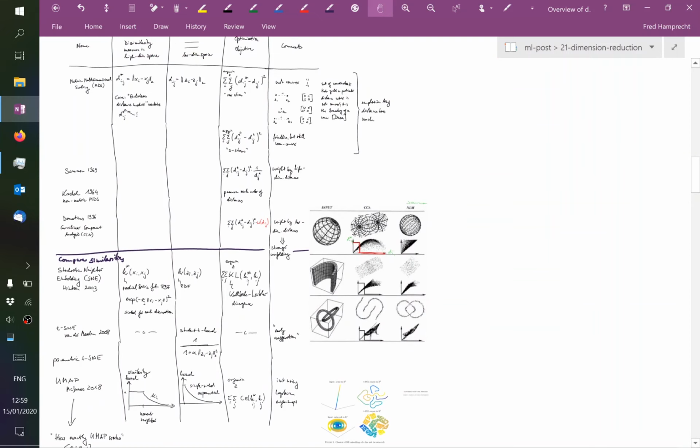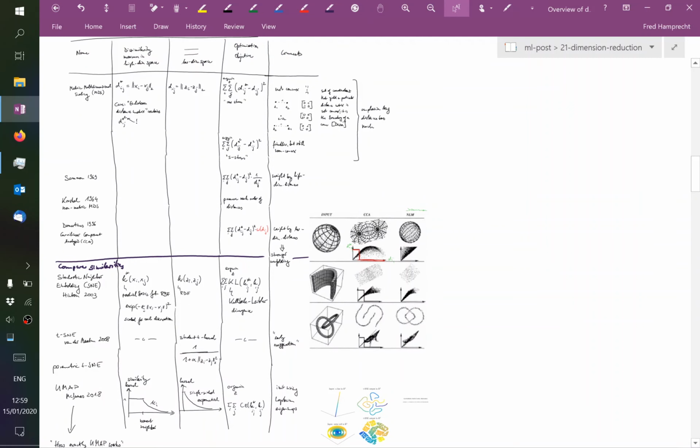Good. So why this grand table? To show you there's a huge number of methods out there. The underlying ideas are actually few. In the top half of this table, we try to make dissimilarities match. In the bottom of the table, we try to make similarities match.